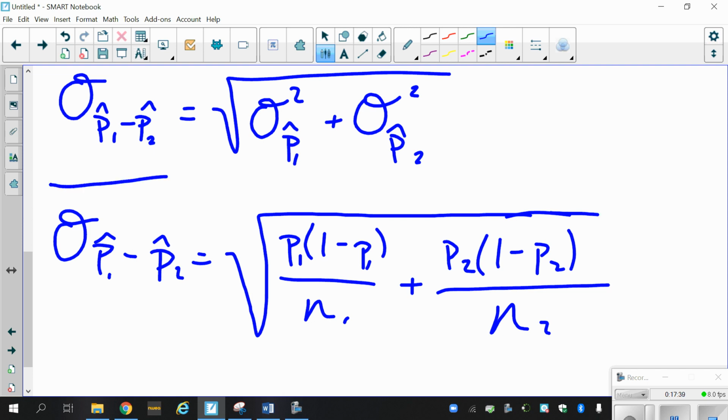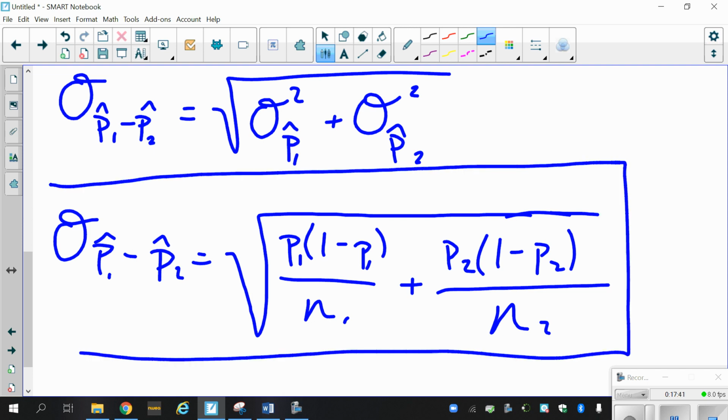So you might want to write that down. This is on the formula sheet, though.